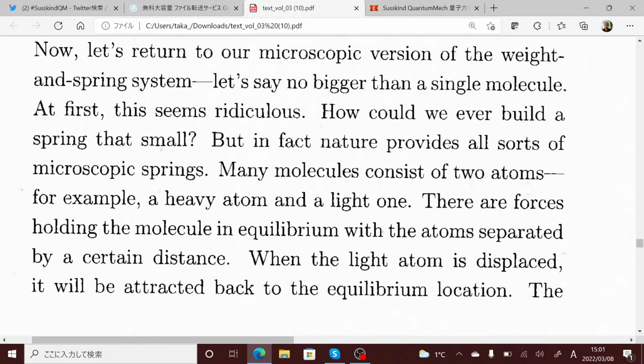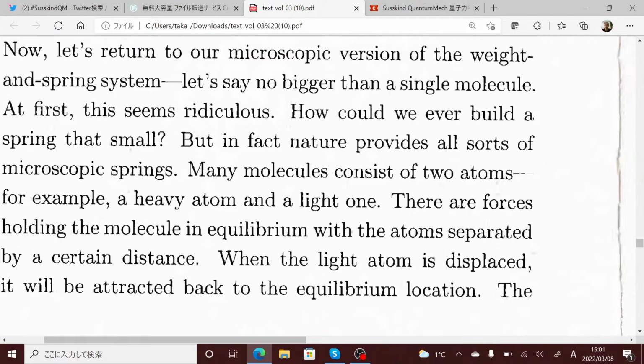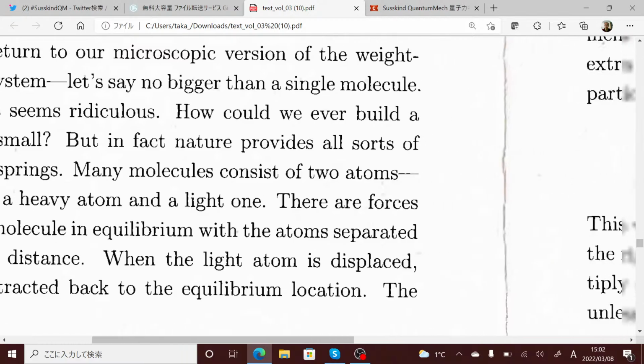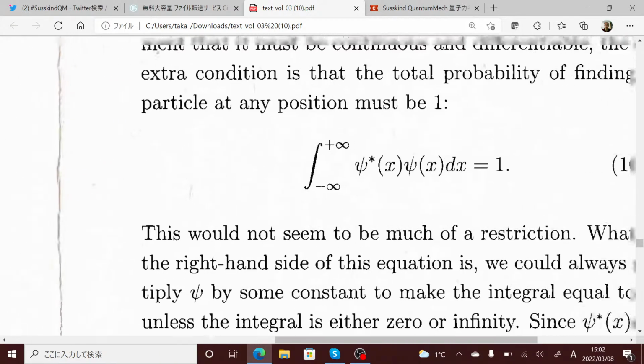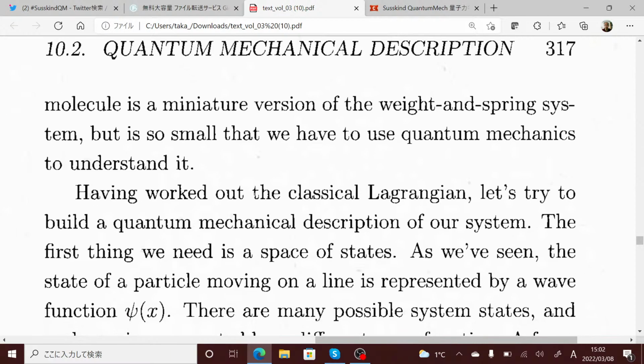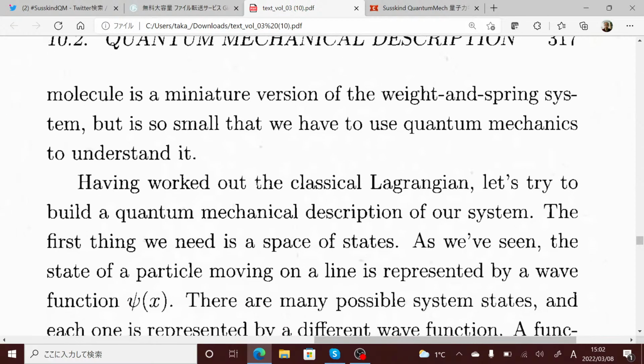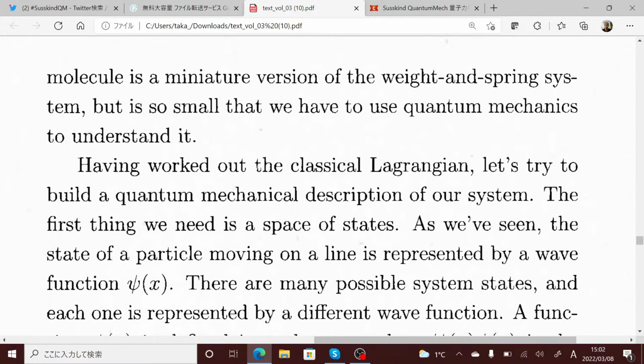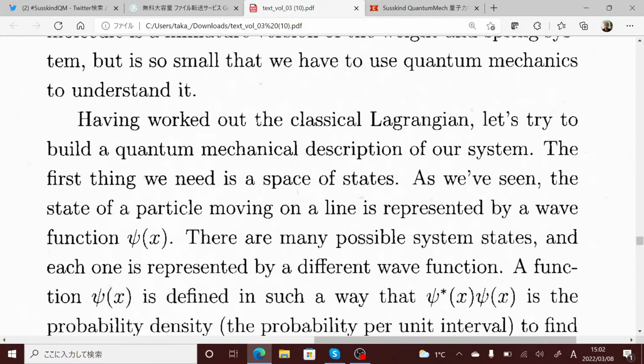When the light atom is displaced, it will be attracted back to the equilibrium location. The molecule is a miniature version of a weight and spring system, but is so small that we have to use quantum mechanics to understand it.